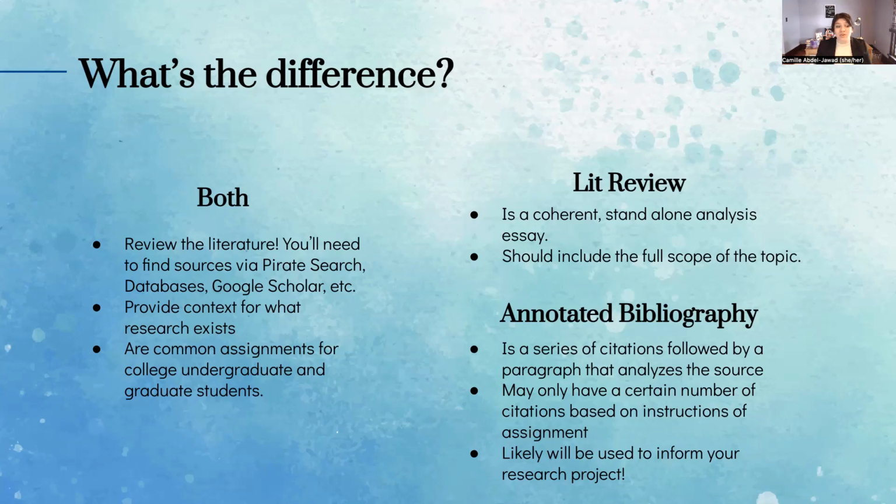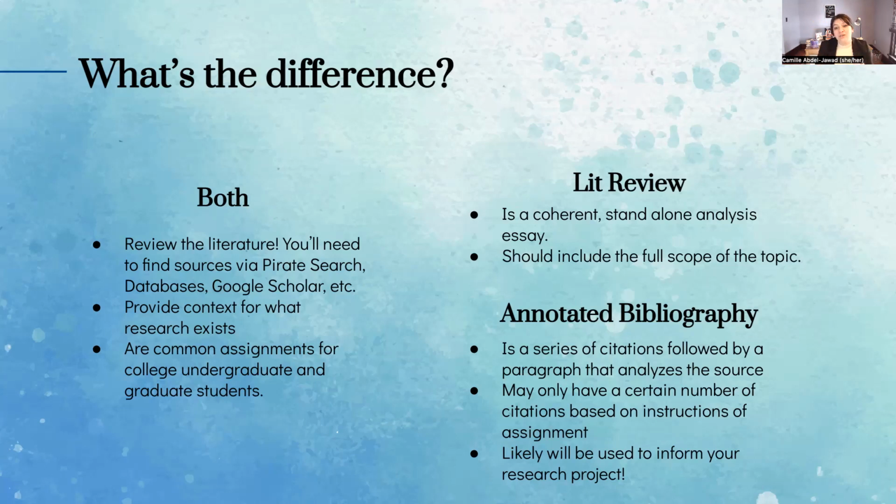And both are really common assignments for college undergraduate and graduate students. However, there are some really key differences. The lit review is a coherent, standalone analysis essay, right? This could be turned in, this could be published, this could be the beginning of a really in-depth journal article. When you read a journal article, you'll usually see a lit review.